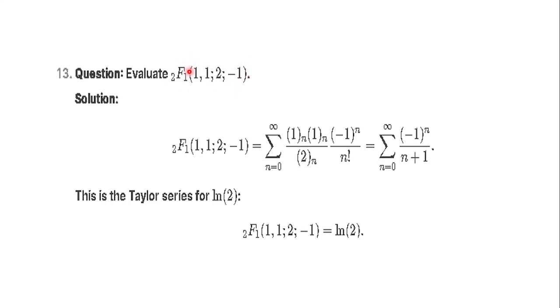Automatically, this is the expression. We're going to see why this expression is going to be like this, and then therefore the whole of this is just ln 2. How can the whole of this change to ln 2? That is the magic in mathematical methods in physics.